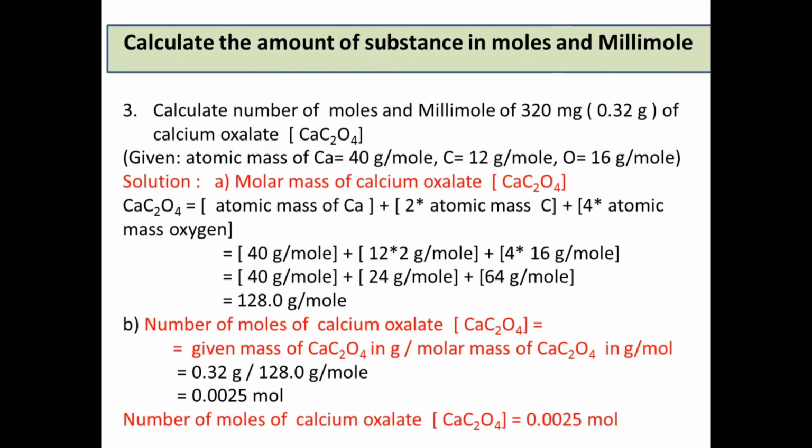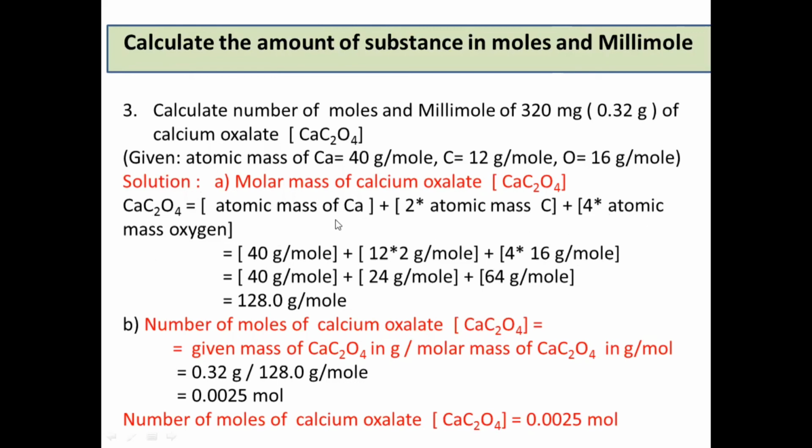We can calculate the molar mass of a substance from the summation of the atomic masses. Here, the information provided is that the atomic mass of calcium is 40 gram per mole, carbon is 12 gram per mole, and oxygen is 16 gram per mole. So the molar mass of calcium oxalate we can calculate by summing all the atomic masses in the chemical formula. Atomic mass of calcium, and calcium is only 1, plus 2 into atomic mass of carbon, because 2 carbon atoms are there in the formula, plus 4 into atomic mass of oxygen, because 4 oxygen atoms are there.